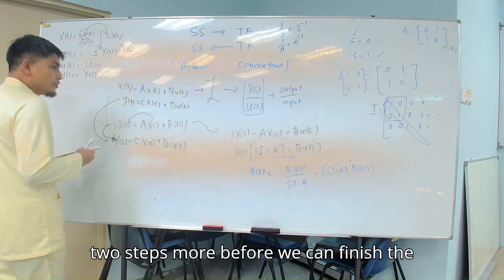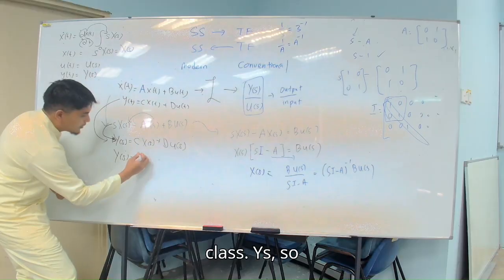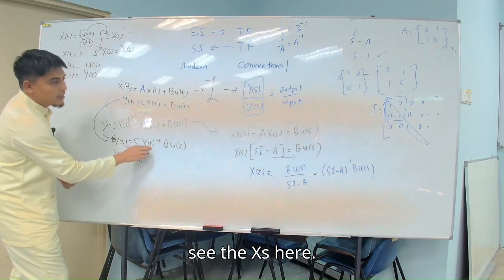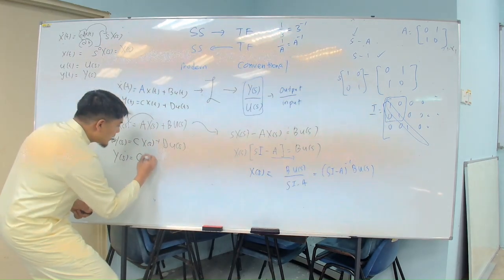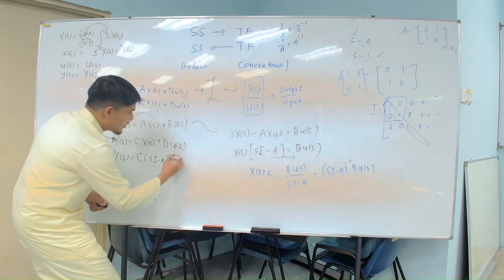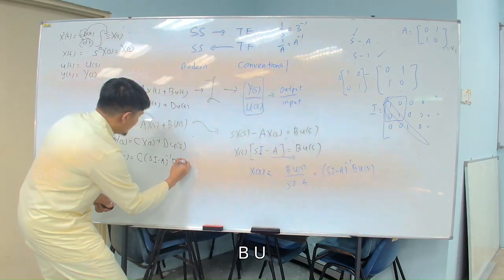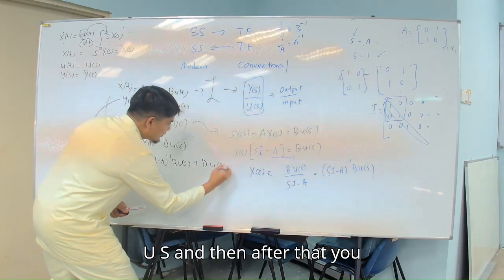So finally we have 2 steps more before we can finish the class. YS, so C times XS, equal to this one, SI minus A inverse BUS plus DUS.